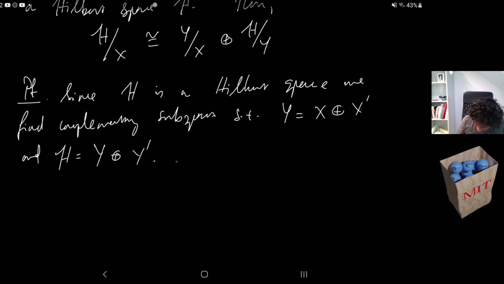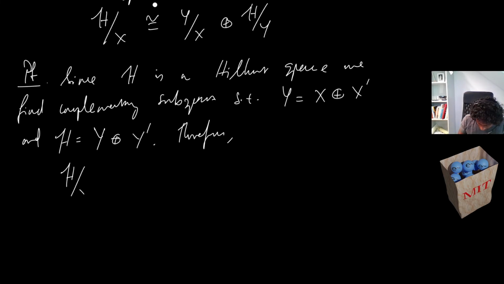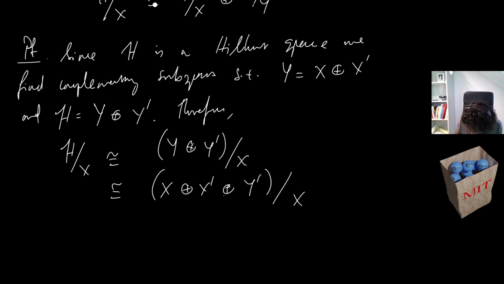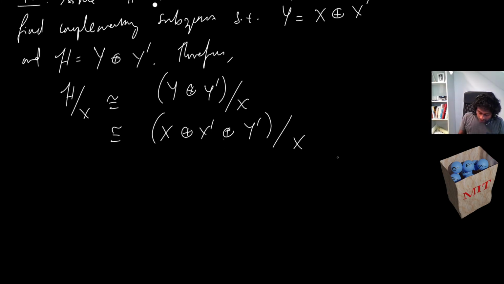So therefore, H mod out X is going to be isomorphic to what? This is going to be Y plus Y prime mod out X. But now we expand the Y plus the Y prime in terms of the decomposition that we have. So this is now isomorphic to X plus X prime plus Y prime mod out X. So that's good, the X's cancel now.